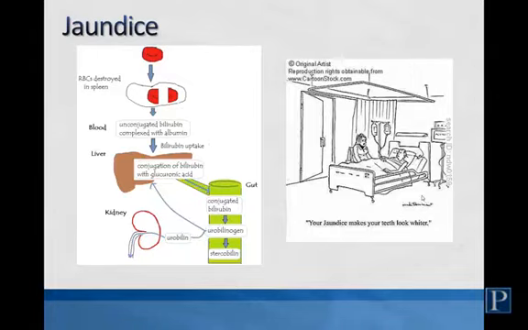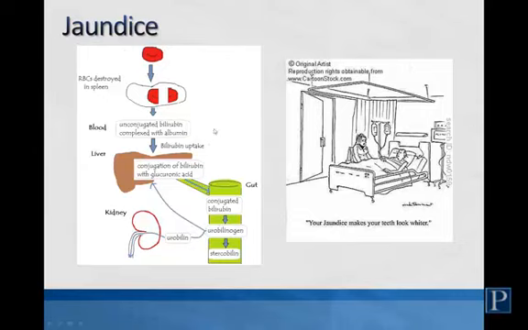So a good example would be hemolytic jaundice, where someone is breaking down red blood cells too quickly. The liver will not be able to conjugate that bilirubin quick enough. And so a lot of your bilirubin that will be measured would be the unconjugated bilirubin. So you would see that more in the hemolytic jaundice.